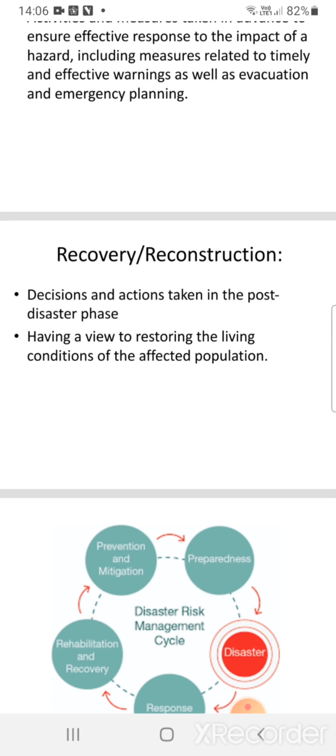When we make constructions, when we provide shelters, when we reconstruct the transportation system, when we reconstruct the bridges, dams, etc., we undergo a particular recovery phase and reconstruction phase.